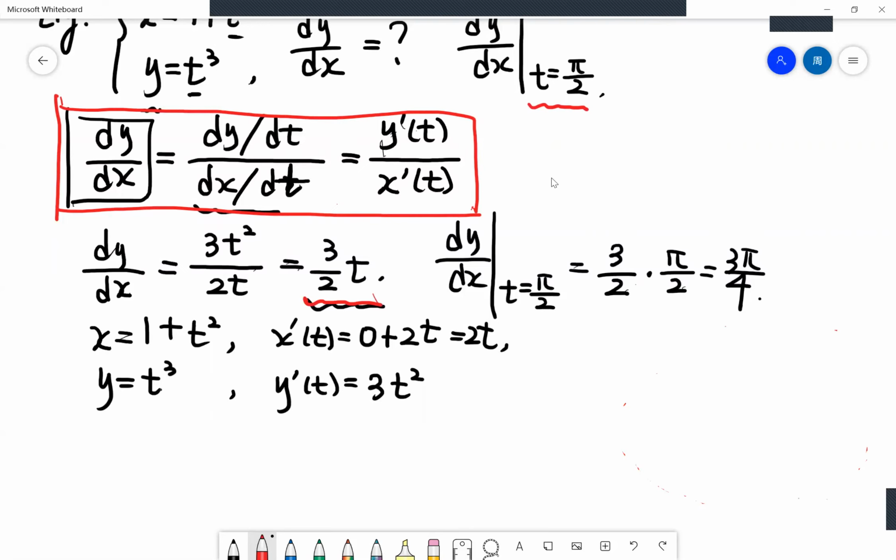So here you just substitute t equals pi by 2 into this function. That is 3 by 2 times pi by 2, because I want the value at t equals pi by 2. So that is 3 pi by 4. Substitute the value here.